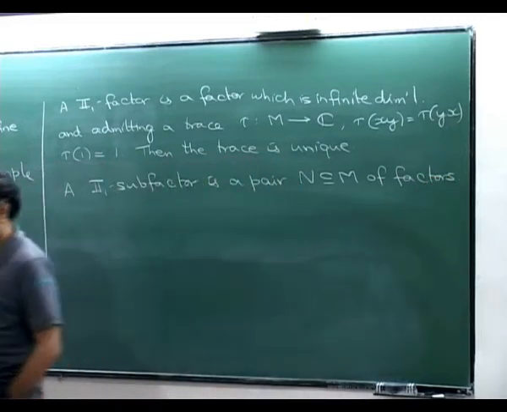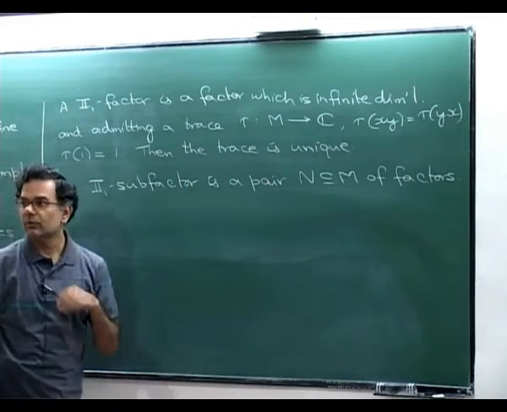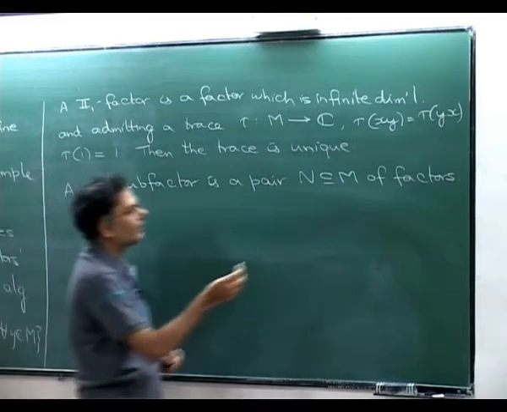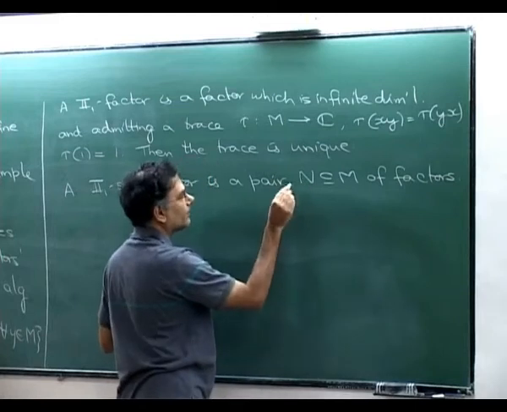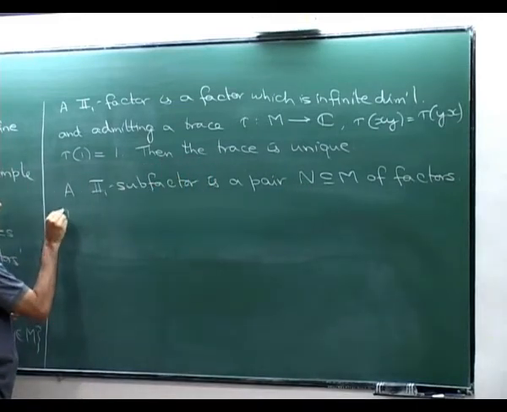So it's basically an inclusion of von Neumann algebras of a particular kind, infinite dimensional von Neumann algebra admitting a trace. Unital inclusion, yeah, is a pair N in M of factors. So the inclusion is unital.